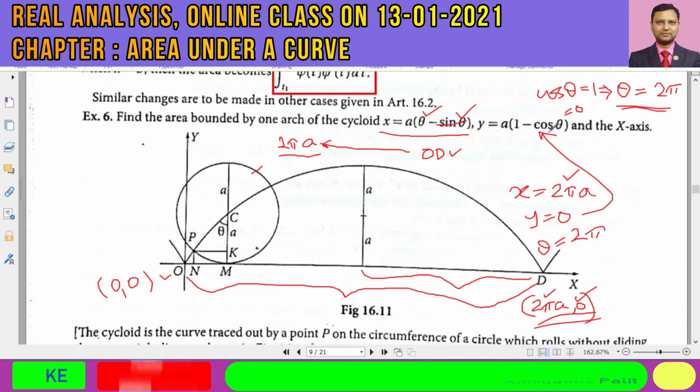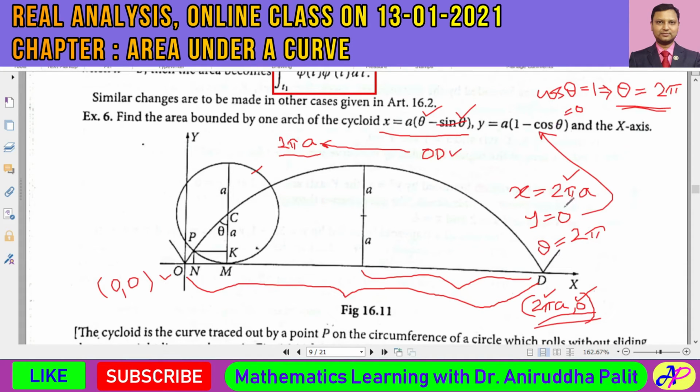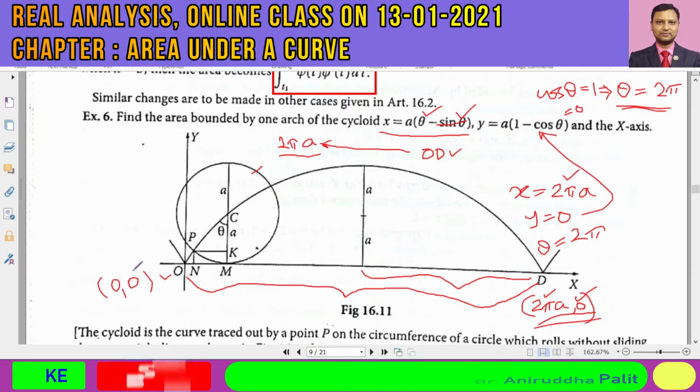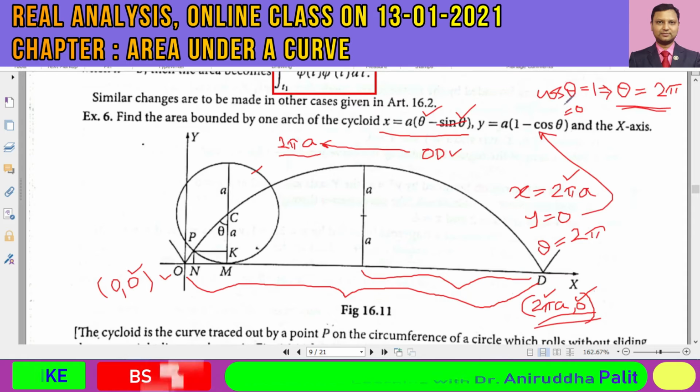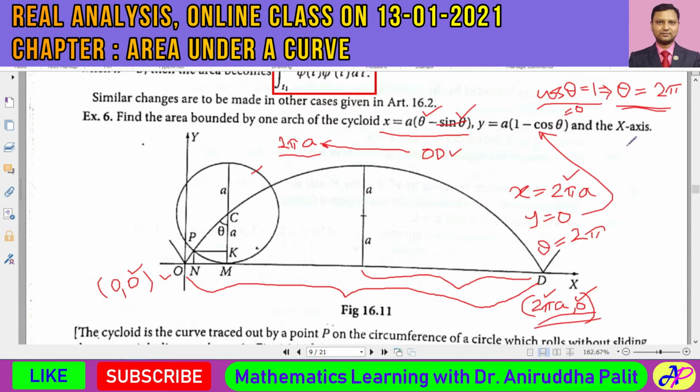So similar to this fashion, if we put y equal to 0, again we shall get cos of theta equal to 1, and in that case we will get one more value of theta. That value should be theta equal to 0. We cannot take theta equal to pi. Why? Because if we take theta equal to pi, we'll get this point.